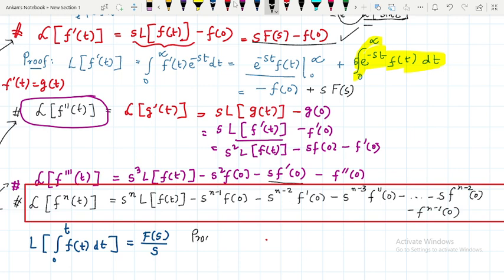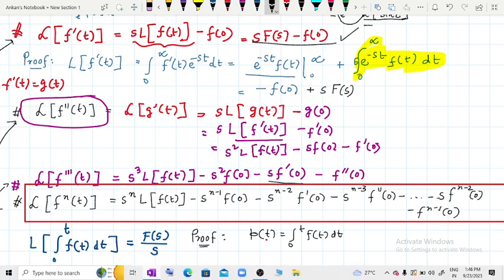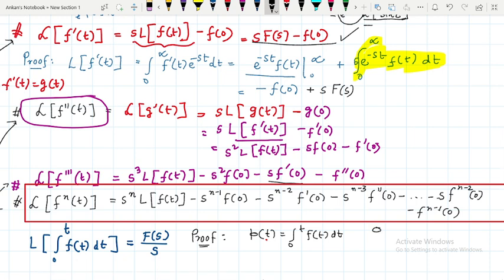I want to show you the proof of this. It is quite interesting. Suppose you consider phi(t) to be the integral from 0 to t of f(t) dt. This is also a t-dependent function, since after integrating and putting in the value of t, it results in another function of t, so that phi prime(t) becomes f(t).